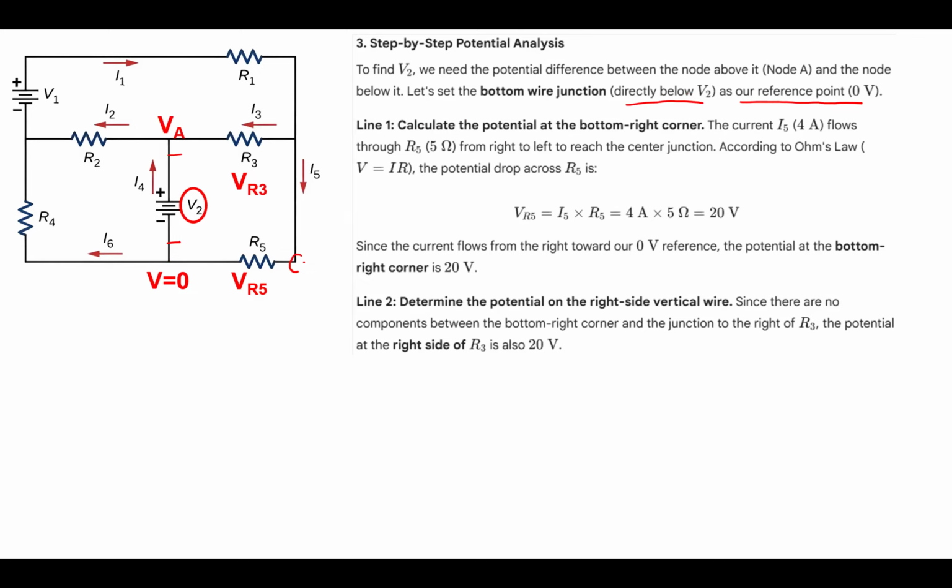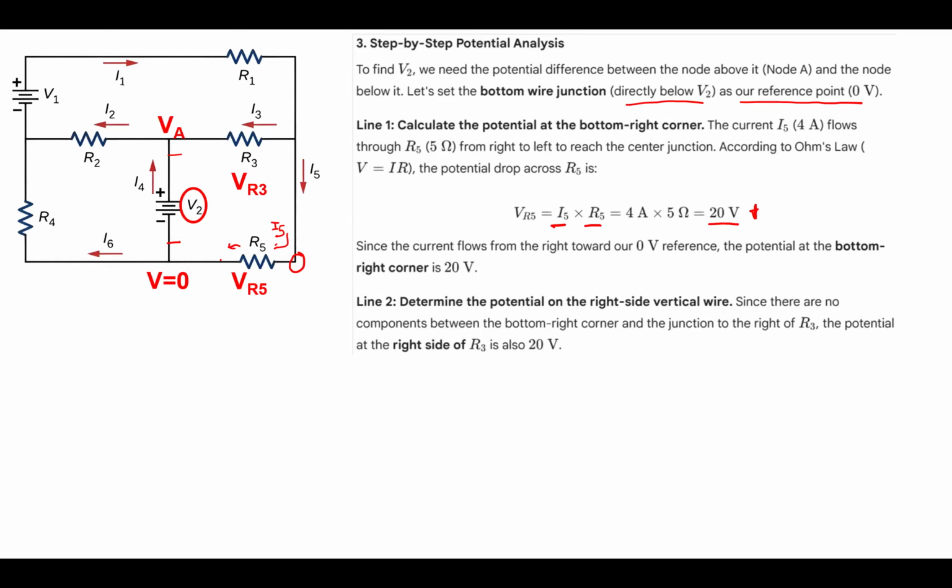Here, we want to find the current I5 flowing through the resistance R5. We note that the potential drop across R5 is given by I5 times R5, which is 20 volt. So 20 volt is dropped as the current flows here.